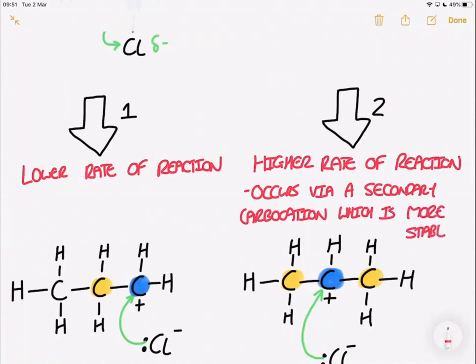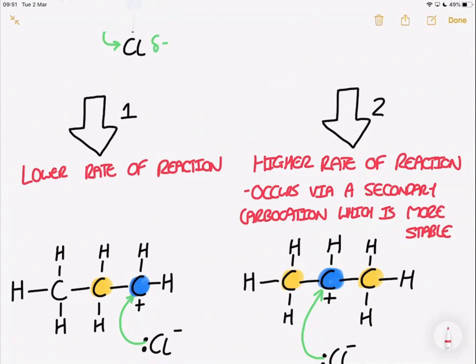That's the language we tend to use, okay? And you could obviously give the corresponding statement for pathway 1. I'm not going to bother, but you'd say it occurs via a primary carbocation, which is less stable, right? That's as much info as you generally need to give for explaining why, for example, 2-chloropropane is the major product of this reaction.